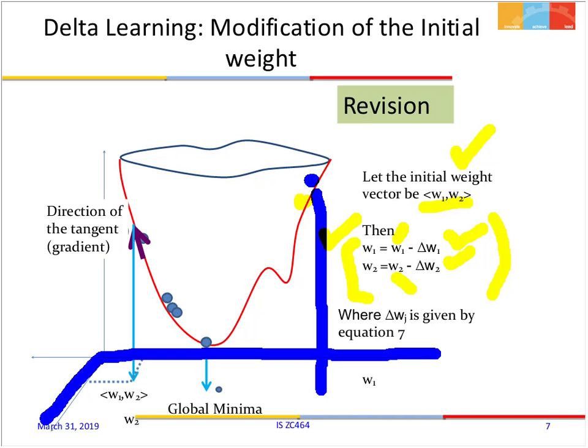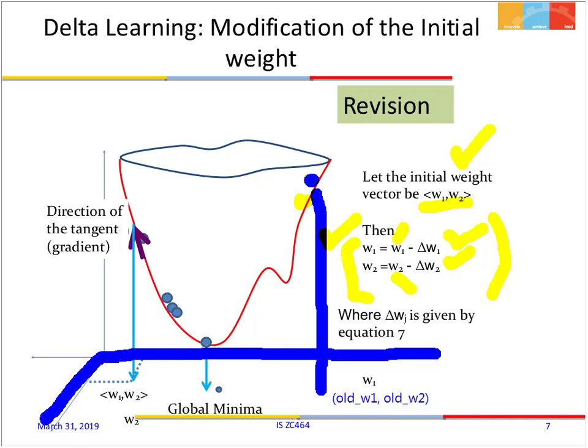This W1, W2 is a two-dimensional space on the floor. It is like the floor. And the third dimension is the dimension of the error. So when you started with this blue point on the surface, basically you started with this point on the ground, on the floor, which was actually the old W1 and old W2, right?